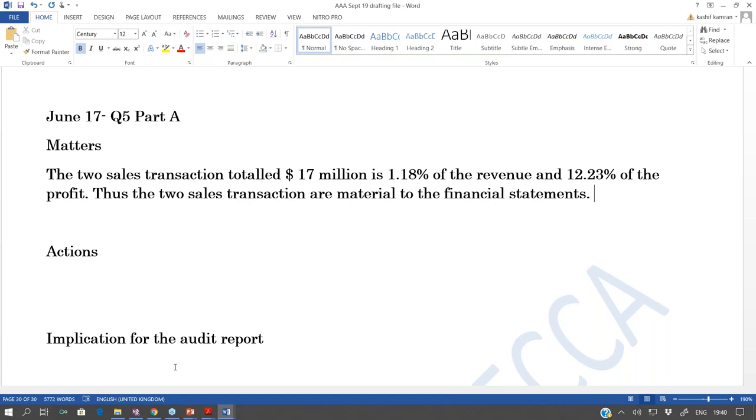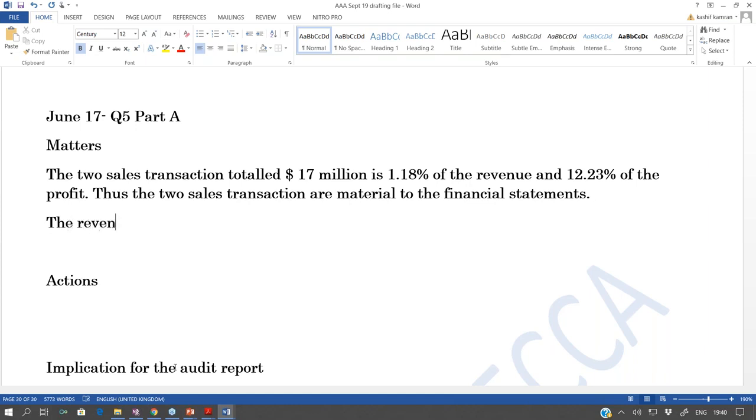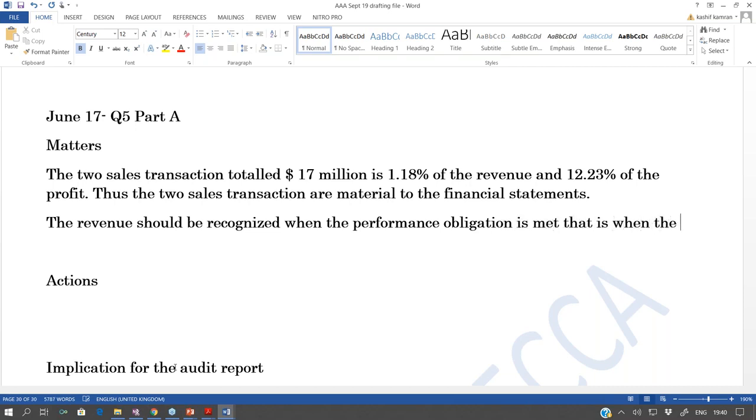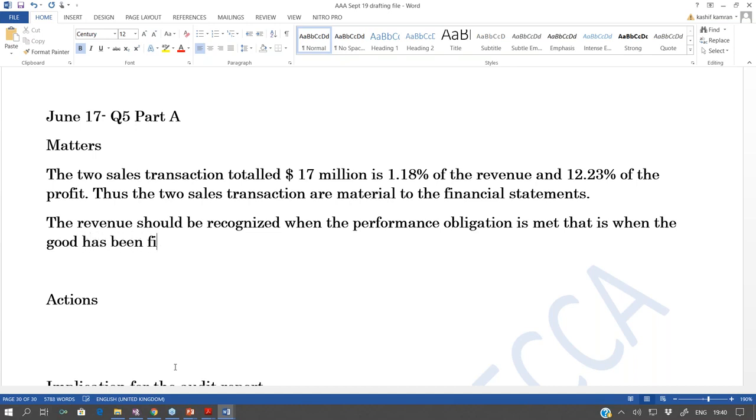Second, the revenue should be recognized when the performance obligation is met, that is when the goods have been finally delivered to the customers and they have done the final inspection.